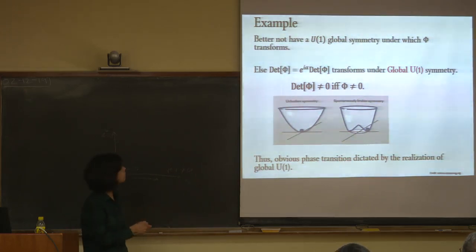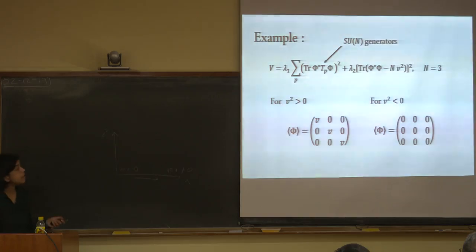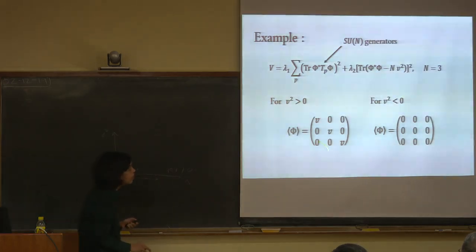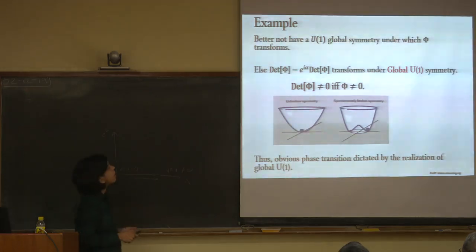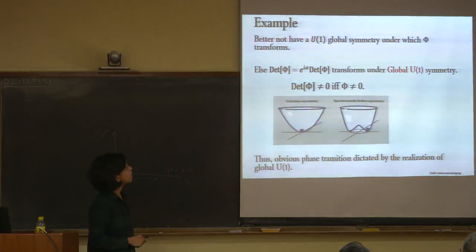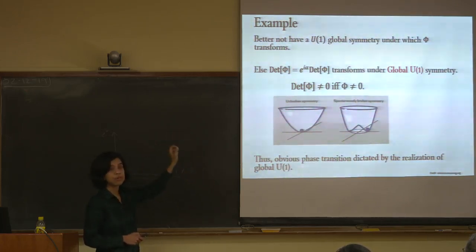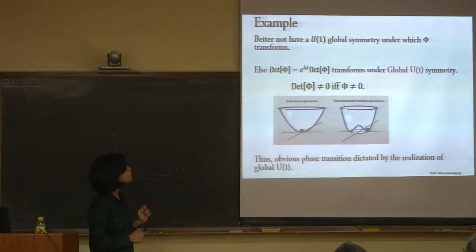The reason is, although the individual entries of phi are gauge dependent, there is an operator you can write which is gauge invariant, and that's the determinant of this phi field. This should have been an arrow, not an equal sign. If you do allow your phi field to transform under a U(1) global symmetry, then the determinant of phi will also transform under the global symmetry.